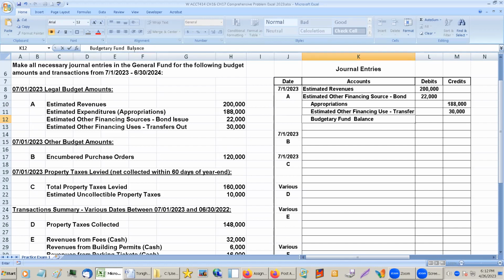You don't just put in fund balance, although sometimes places will do that. All right, what's the difference here? I think it's 40. Is it 40 or 4? Oh, 4. Wait a minute. Yeah, 4. All right, so 4,000 credit, right?